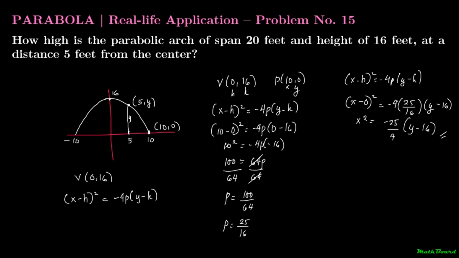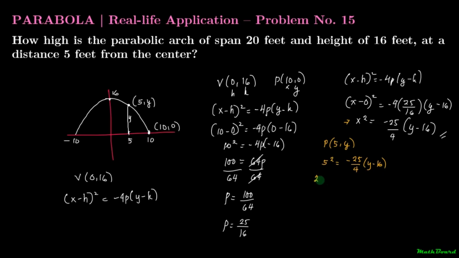Ngayon, isosolve natin yung value ng y, right? So, may point tayo na 5, y. I-substitute lang natin. Ang x ay 5, missing si y. Sa standard equation na to. So, 5 squared is equal to negative 25 over 4 times y minus 16.